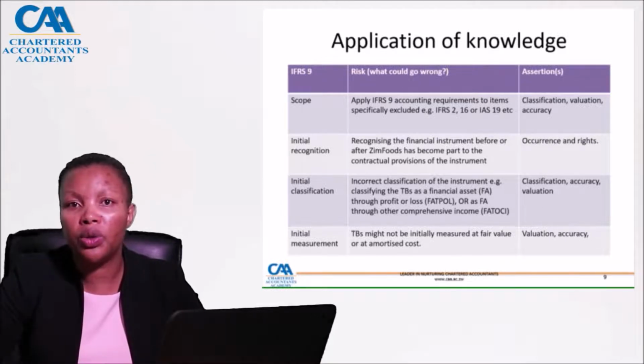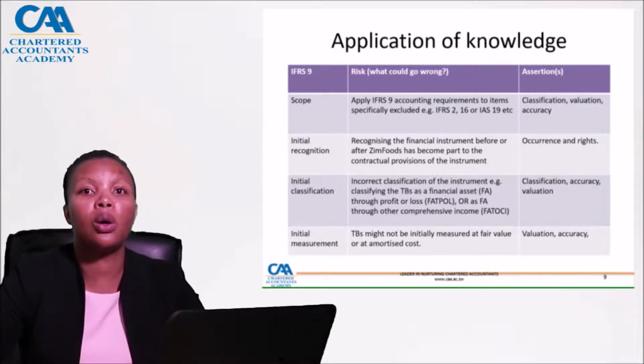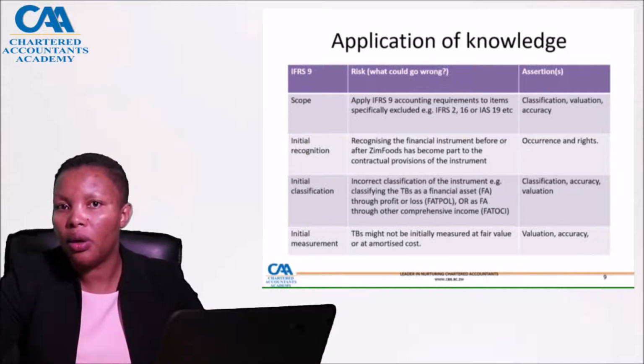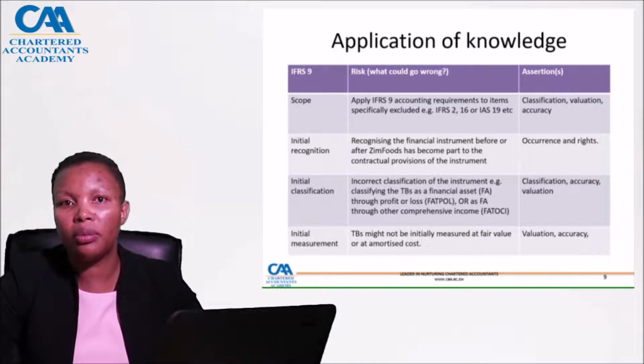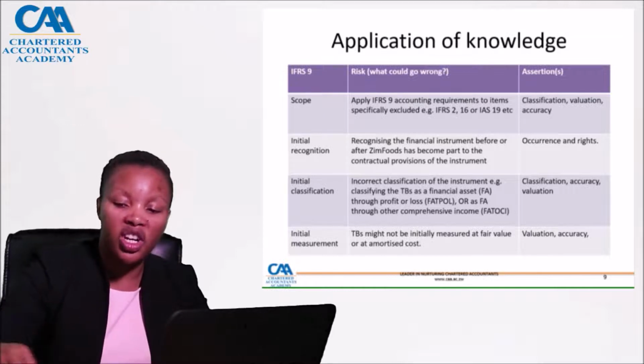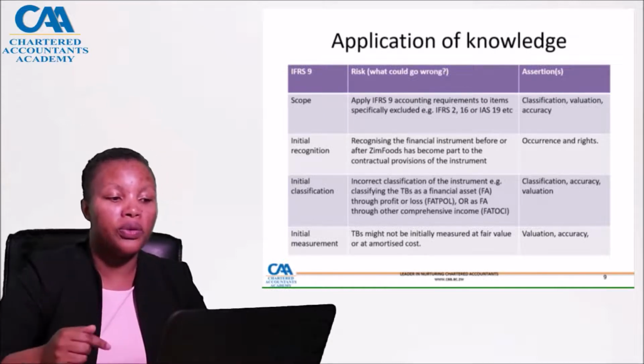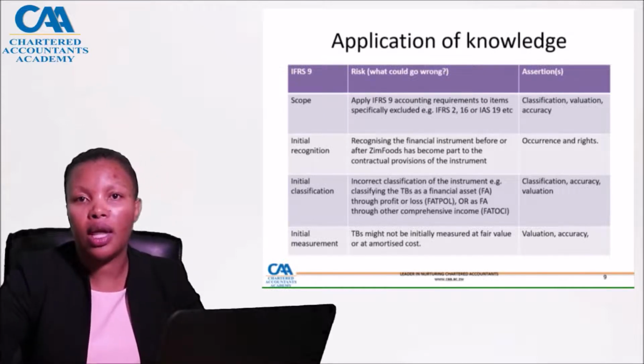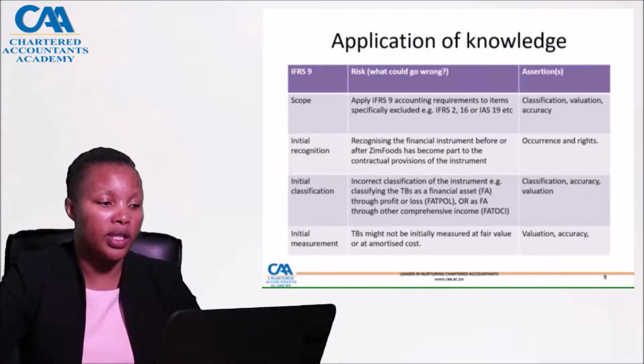So how are you going to do that? Maybe you're going to be inspecting the contract. Why? To confirm certain terms of the contract, which will then scope the treasury bill into IFRS 9. So that would be your substantive procedure.